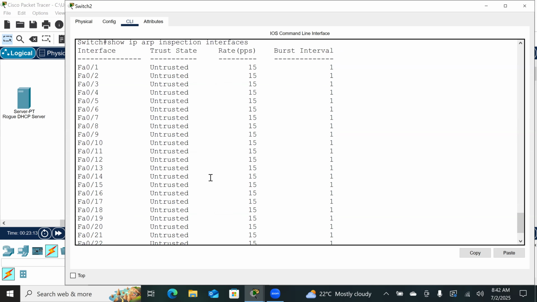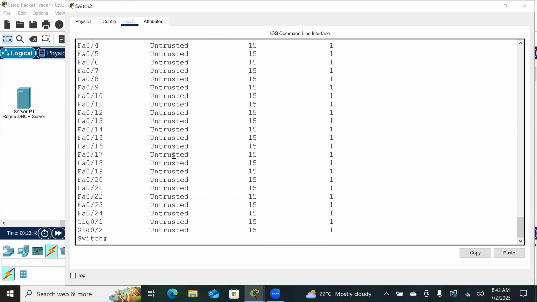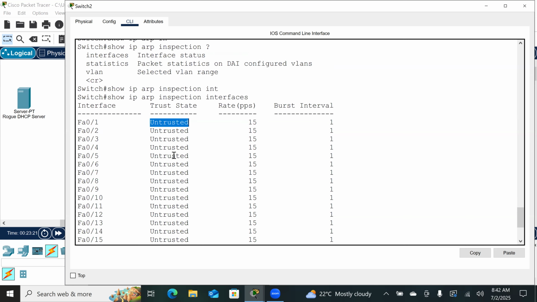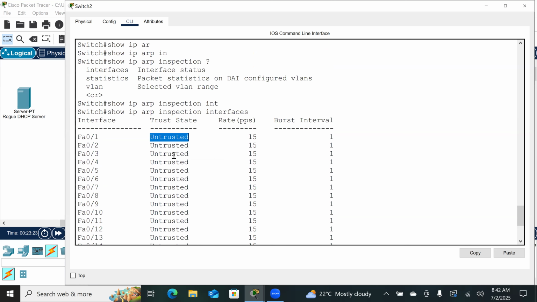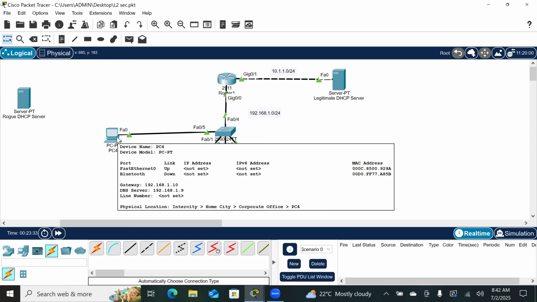So all are untrusted. Okay. Can you see any port which is trusted one? So that is the reason all of them are getting what? They are not getting the ping, I mean, whenever it is trying to take someone else's device IP address, and it's trying to ping with someone else.